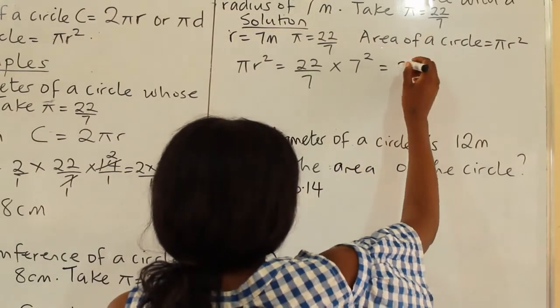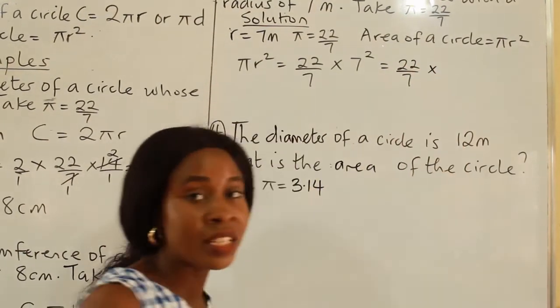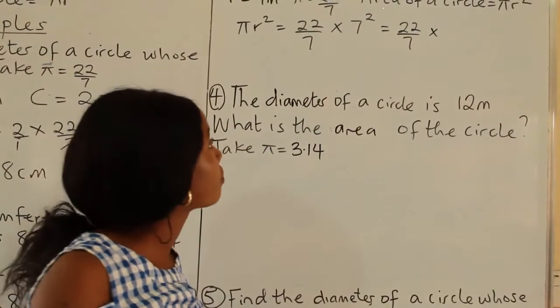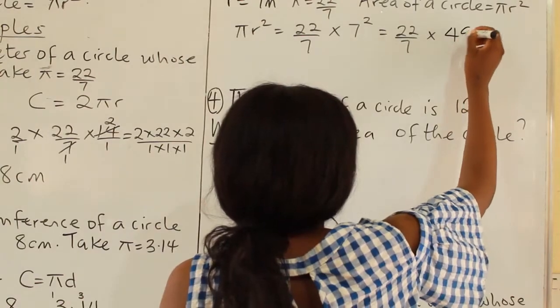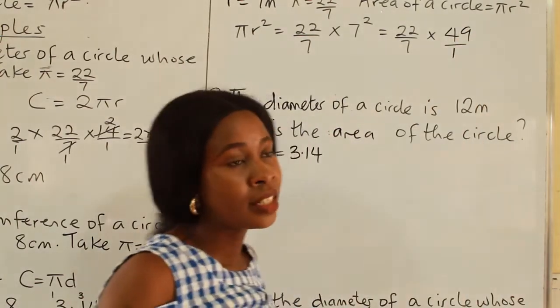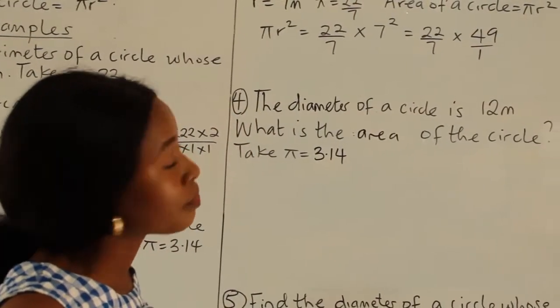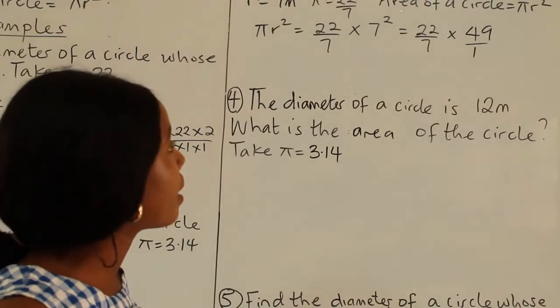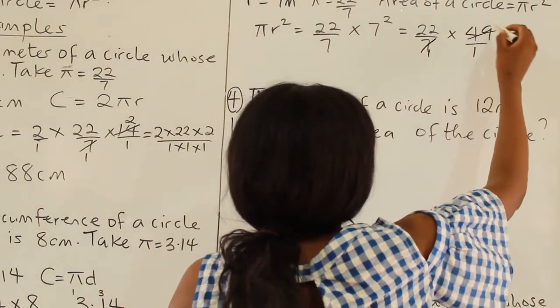And remember that 7 squared is the same thing as 7 times 7. And 7 times 7 is 49. So we have 49 over 1. If you look at the numbers, you realize that 49 can be divided by 7. 7 into 7, 1. 7 into 49, 7.